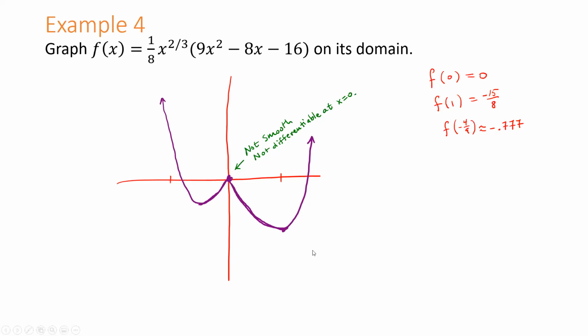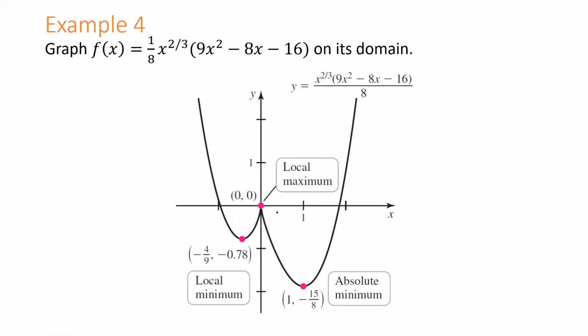So you see it's concave up on both of these intervals. It's got those local maximum and local minimum values that we said. So here's our local mins, and here's our local max. Okay, so let me look at what the book does. So it's the same looking graph, but theirs is maybe a little better, but same idea. Notice that we get the same basic shape here.